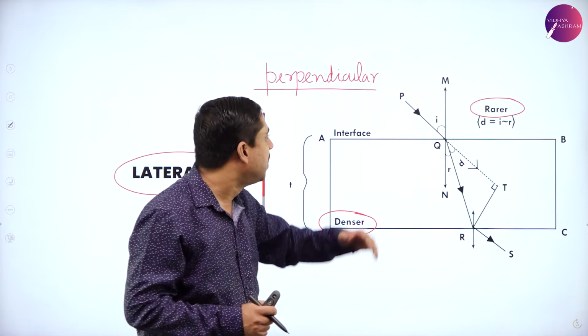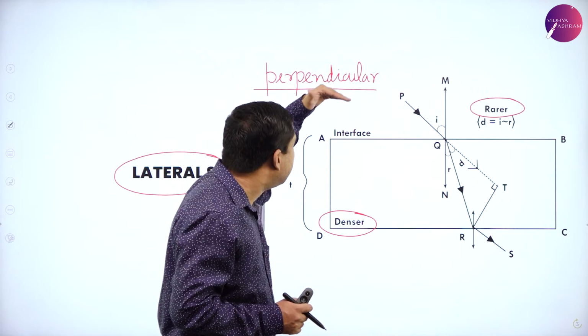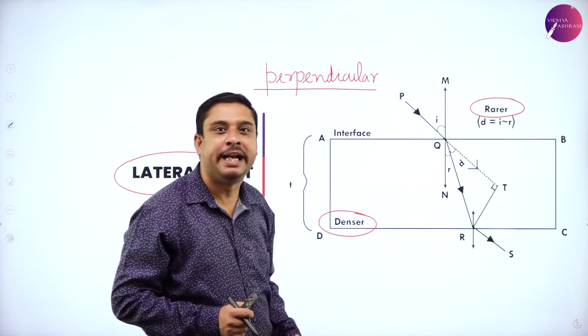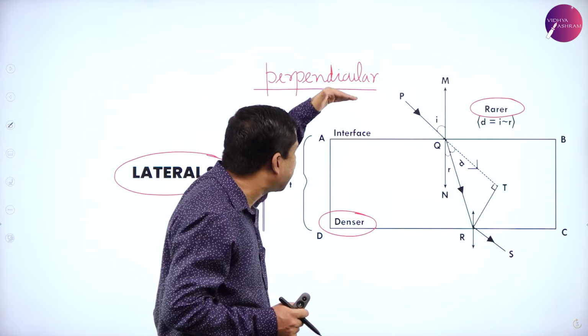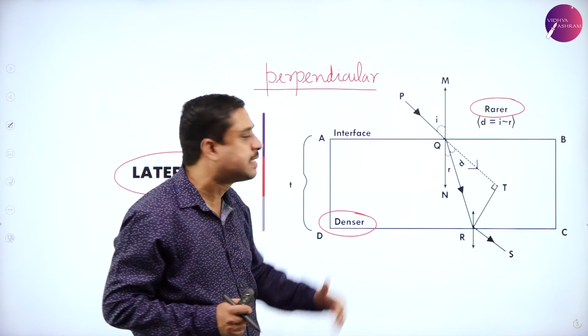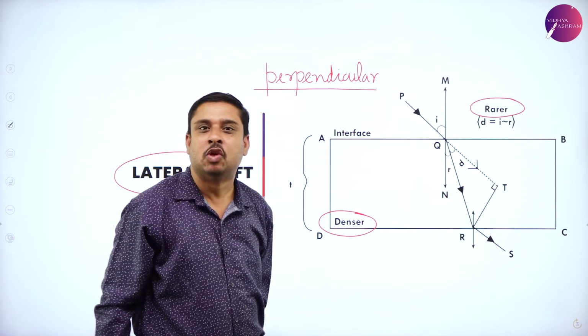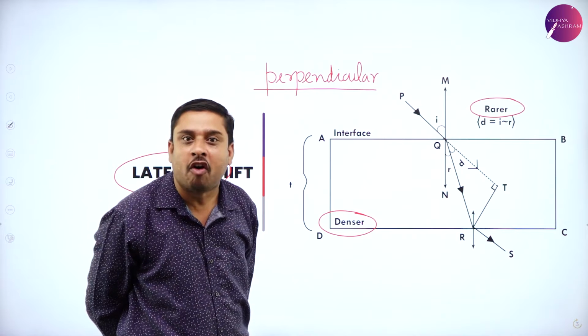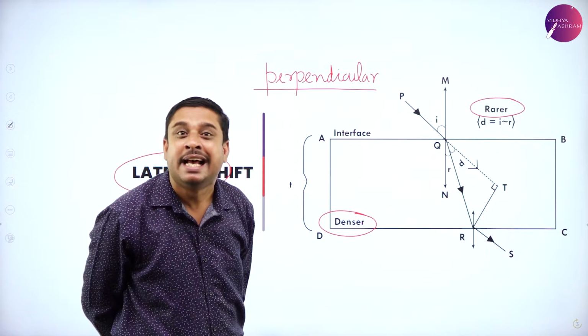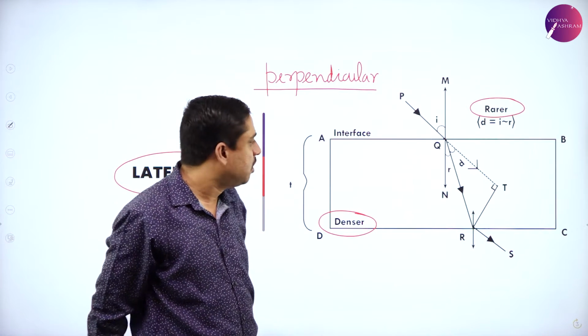But since it travels from rarer to denser medium, optical density changes, the speed of light changes. So there is bending of light, which is called refraction.